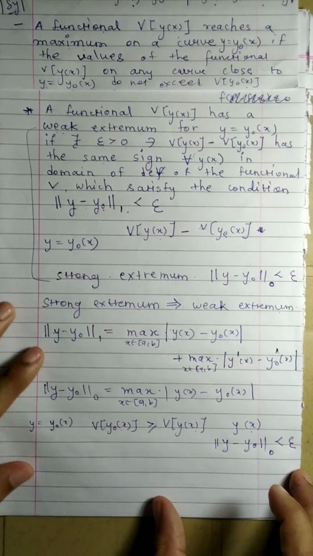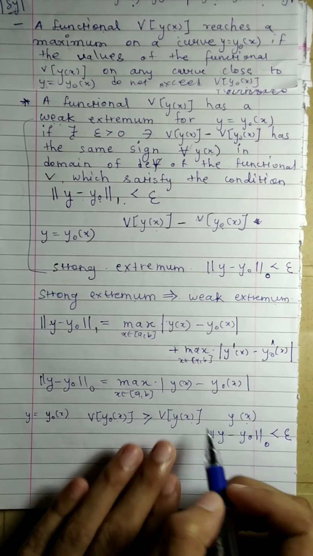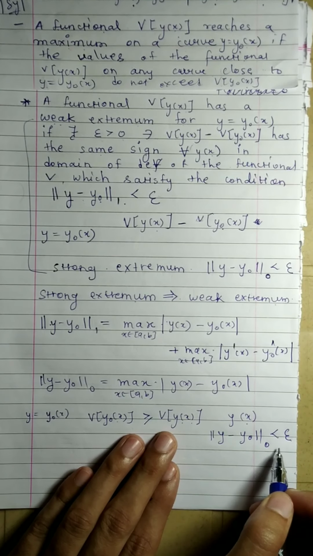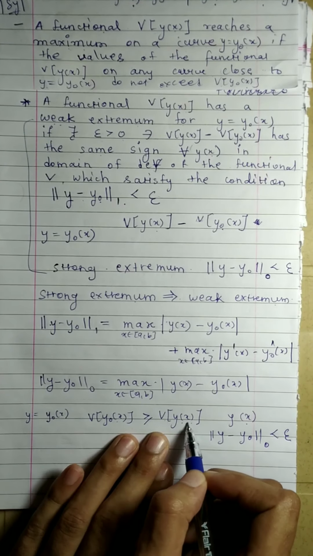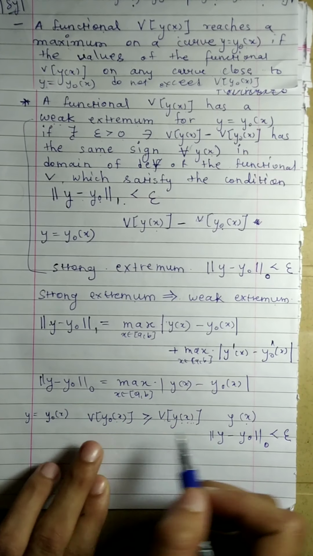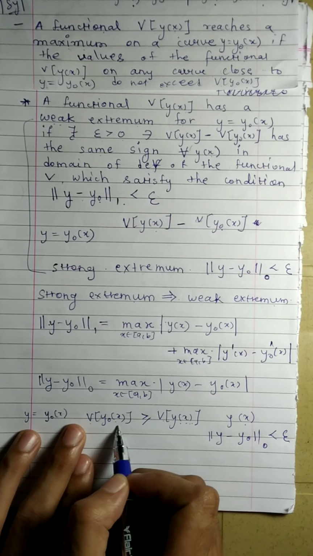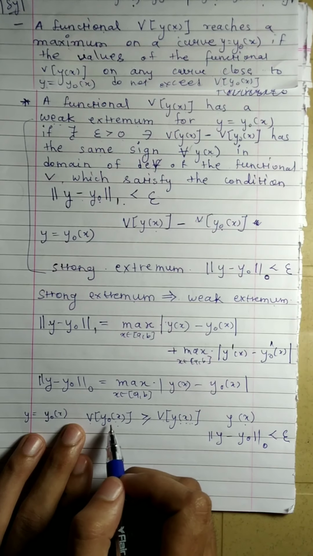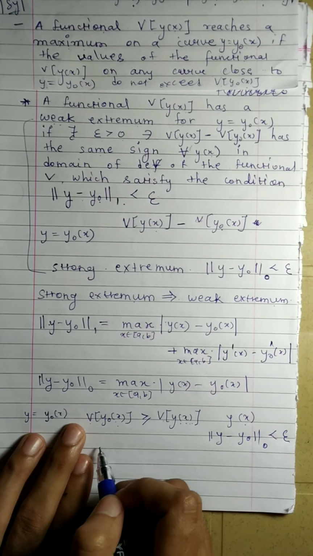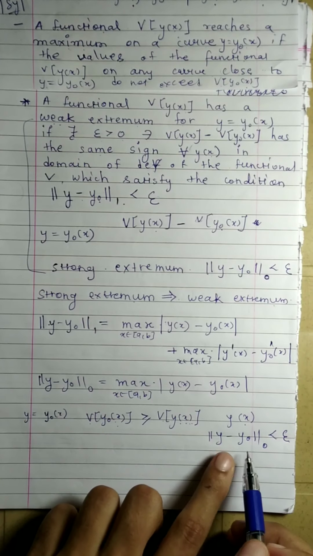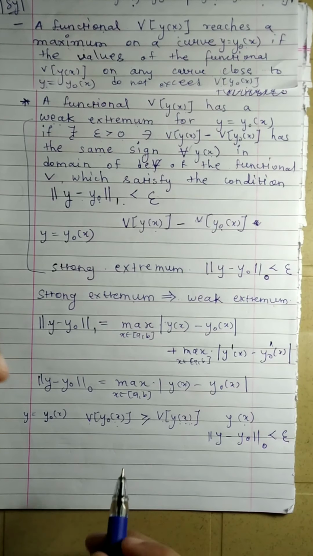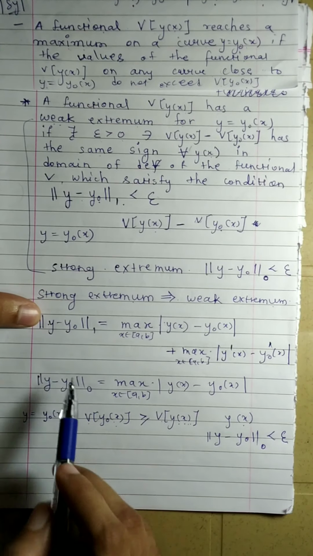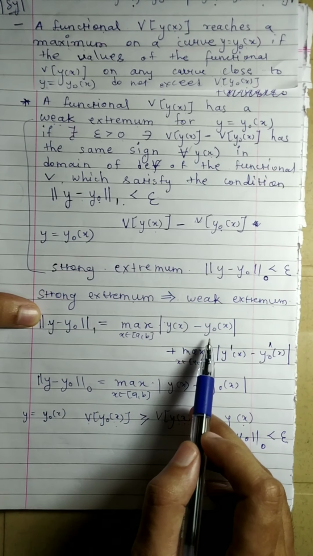Now what does this tell you? For all y of x curves which satisfy this norm, if we calculate v[y(x)], it will be less than or equal to v[y naught of x], and therefore y naught of x is a strong maximum. But y naught of x will also be a weak extremum. Why? Suppose at some curve y of x it has a weak extremum.